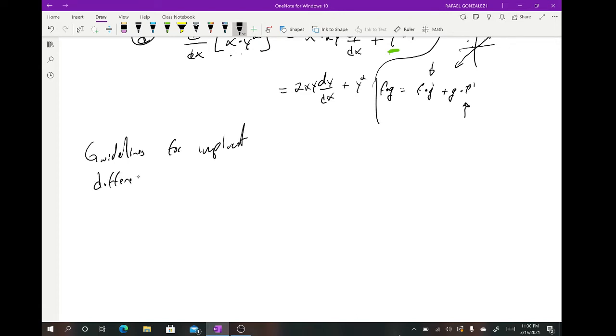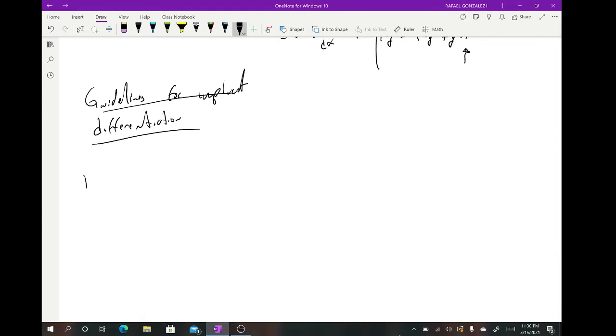Guidelines for implicit differentiation. Number 1, you will differentiate both sides of the equation with respect to x.